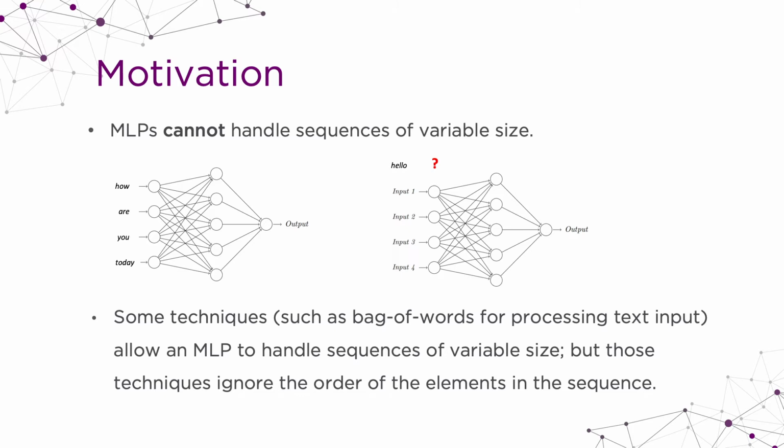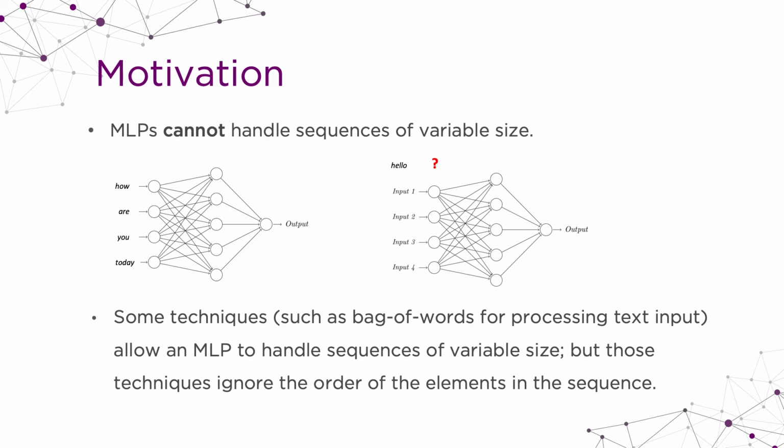But all these techniques come with some disadvantages. In particular, in the bag of words, we lose the order of the elements, which is really an important piece of information when dealing with text. Ideally, we would like to keep this information. So we can say that we don't want to use MLP with sequences.